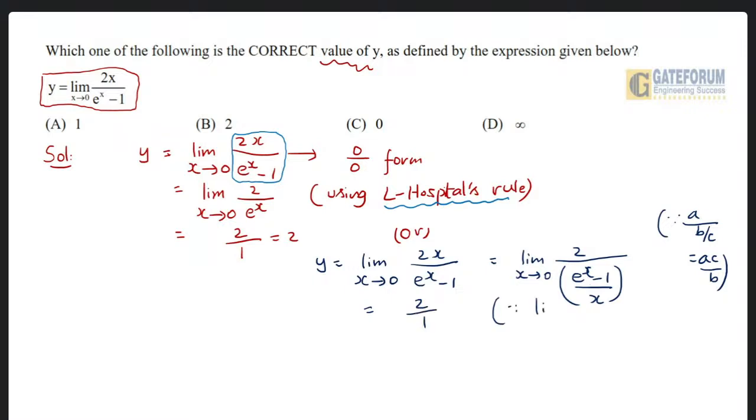Since limit x tends to 0, e to the x minus 1 by x is equal to 1 by standard limit. That is generally considered as a formula. So anyhow, we have the answer. That is the value of y is 2. Accordingly, the option is B. This is end of the question.